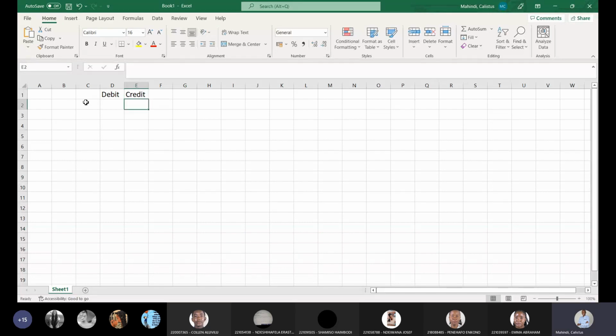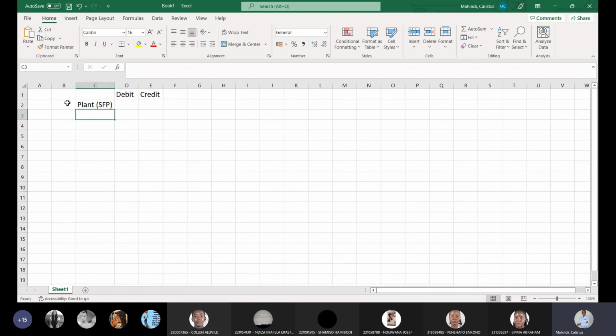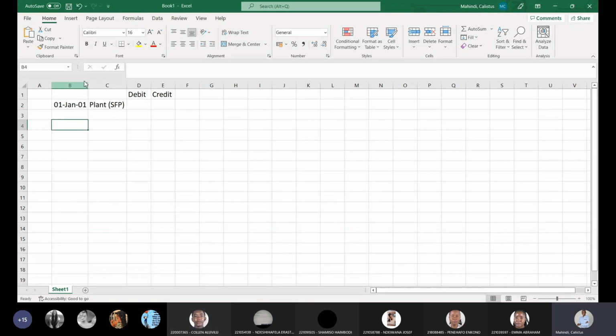So you're going to debit your plant. It's an item of PPE. It goes into the statement of financial position. This is on 1 January 20X1.